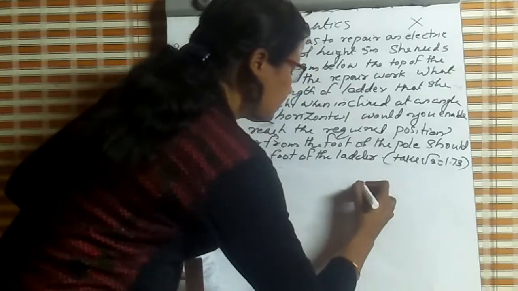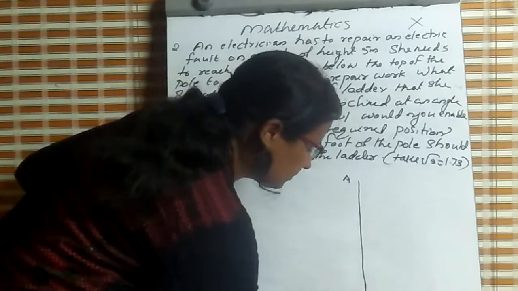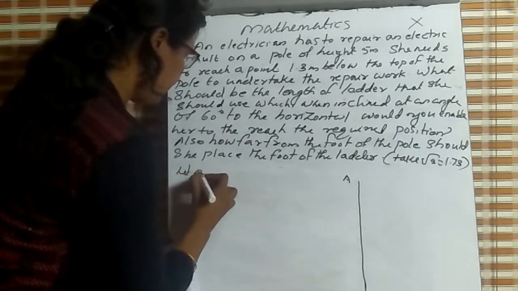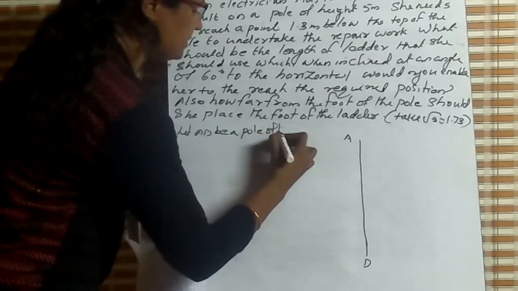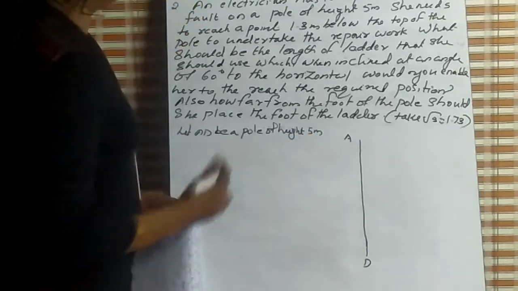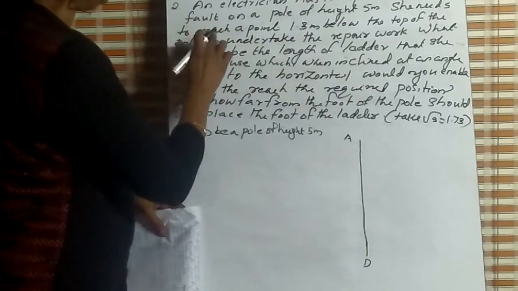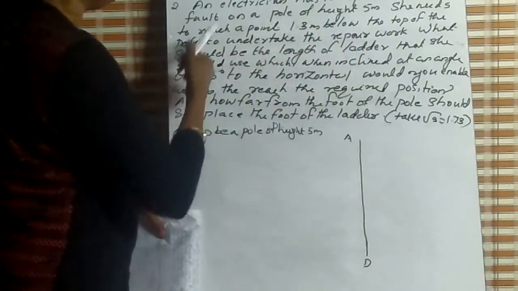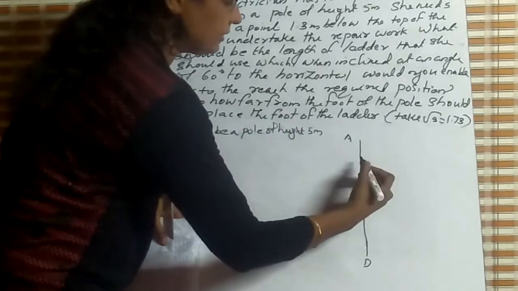Let AD be a pole of height 5 meter. She needs to reach a point 1.3 meter below the top of the pole to undertake the repair work.